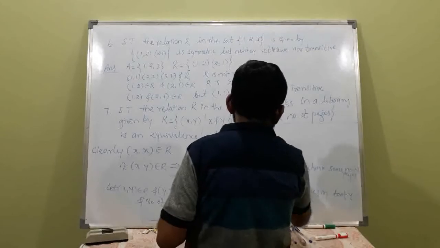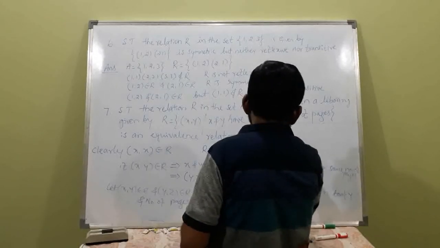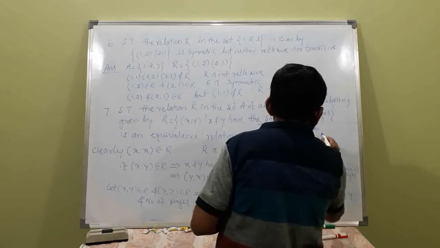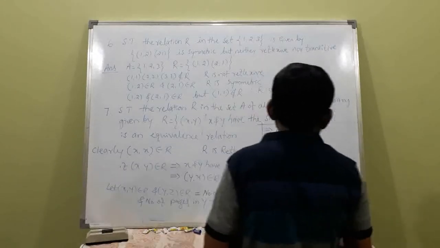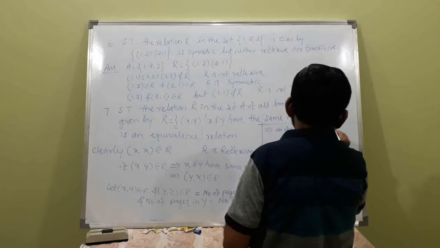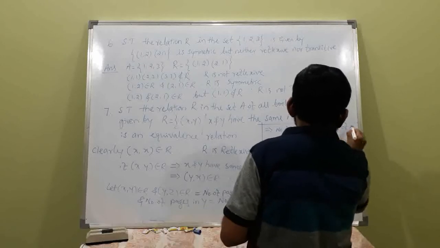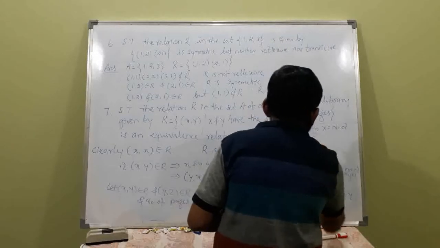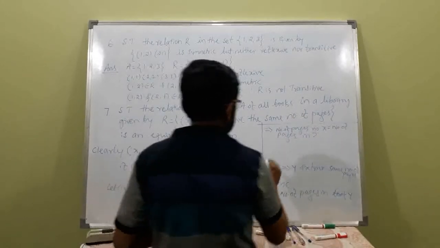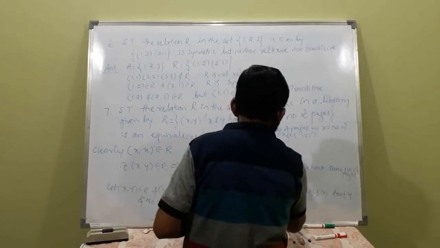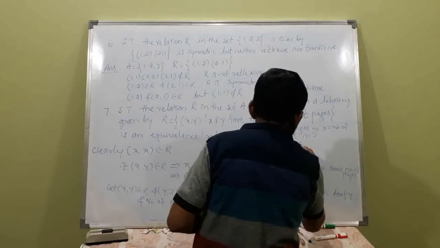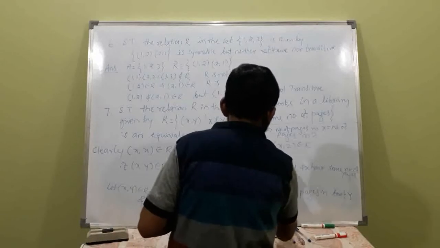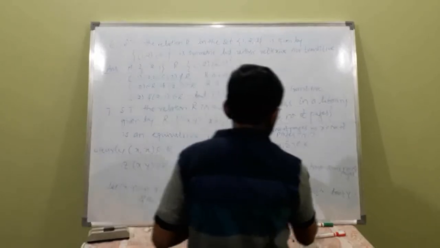That implies number of pages in x is equal to number of pages in z, that is xz belongs to R. Therefore R is transitive.